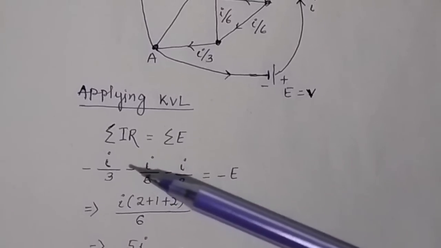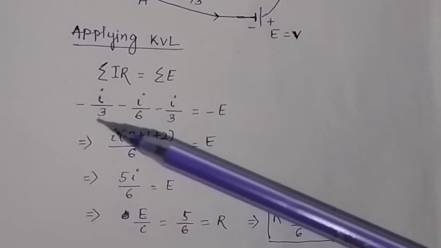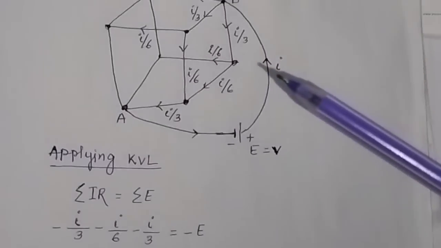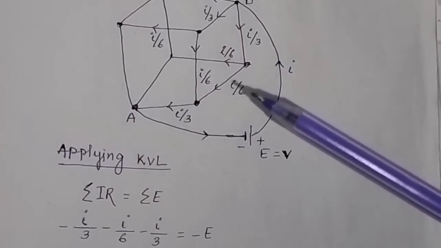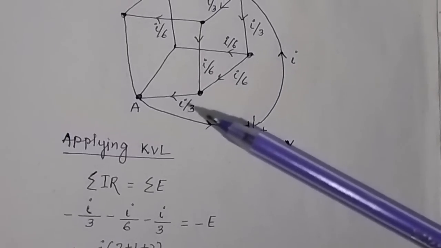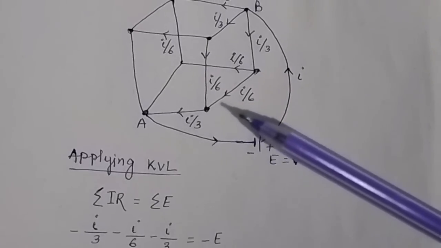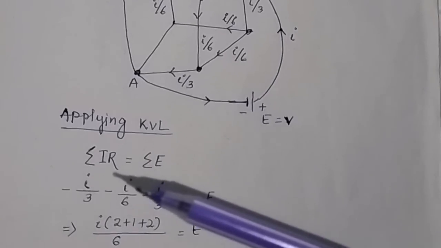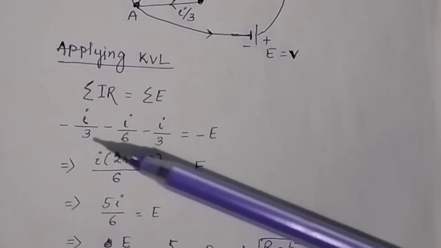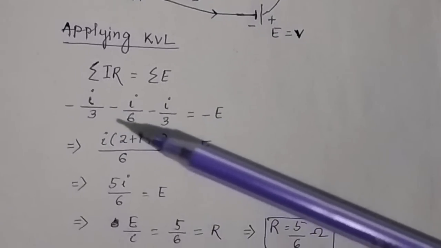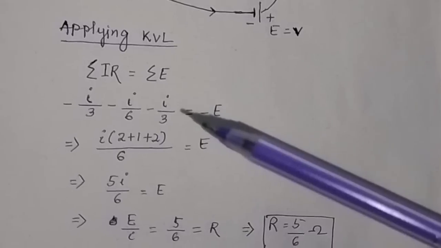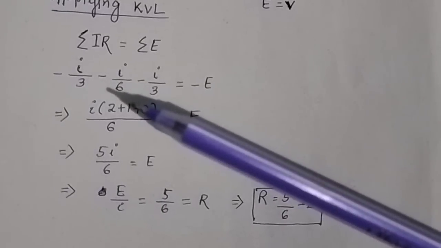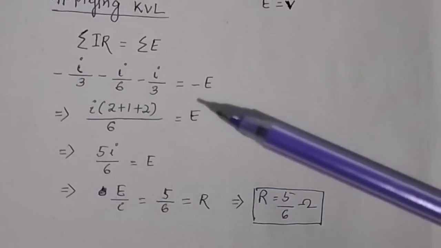So for the IR drops, with three currents, minus I by 3, minus I by 6, and minus I by 3, because resistance is equal to 1, multiplying R with current gives minus I by 3 minus I by 6 minus I by 3, which is equal to minus E. Taking negative on both sides, it cancels.